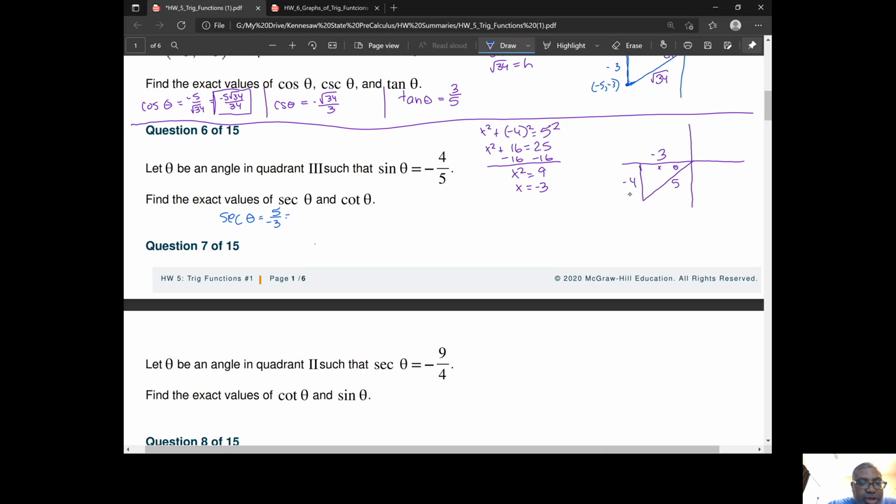Can't have a negative in the denominator, so we just say negative 5 over 3. It's the same thing. And cotangent of theta: tangent is opposite over adjacent, so cotangent is adjacent over opposite, which is 3 over 4, or negative 3 over negative 4, which is 3 over 4.